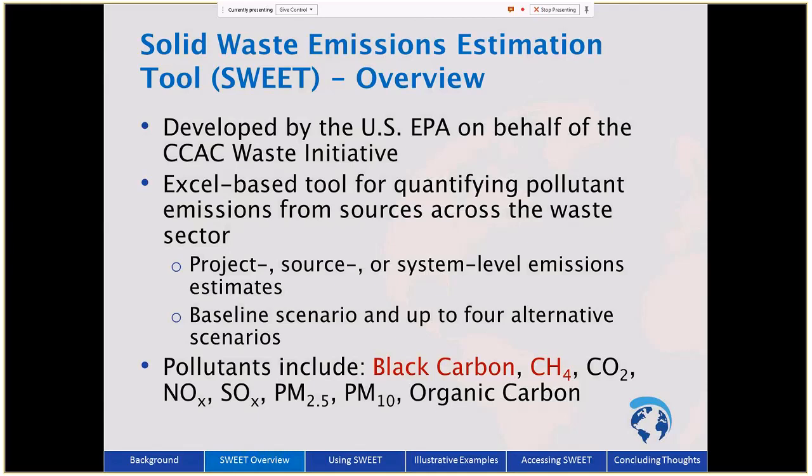For example, black carbon contributes to a warming effect on climate, whereas organic carbon has a cooling effect. So accounting for not just black carbon and methane, but also the full stream of pollutants is important when you're looking at total net climate mitigation benefits. And that's why we've chosen to include organic carbon and these other pollutants.